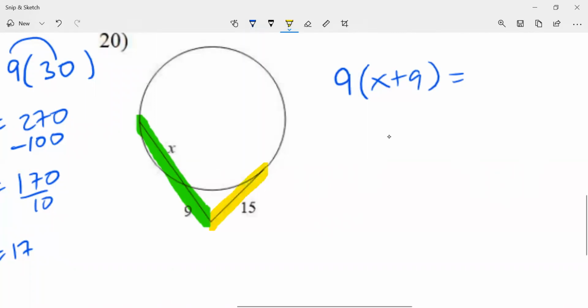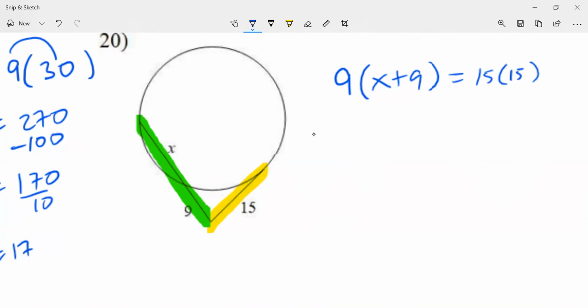It's this one right here. Outside of the circle is 15. I'm going to multiply this by the whole segment, but the whole segment is outside, so 15 as well. It is okay to have the same number twice, because first is how much is outside of the circle, and then how much is the whole thing. The whole thing is outside, so it is okay to be the same number.